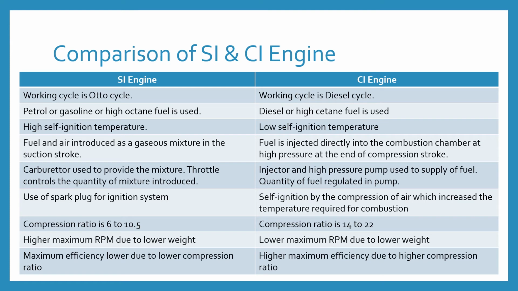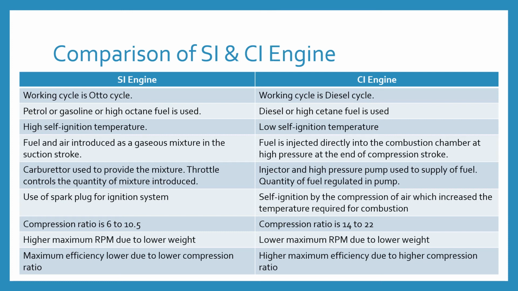In the case of the SI engine, there is a higher maximum RPM due to the lower weight, and in the case of the CI engine, a lower maximum RPM due to the higher weight.